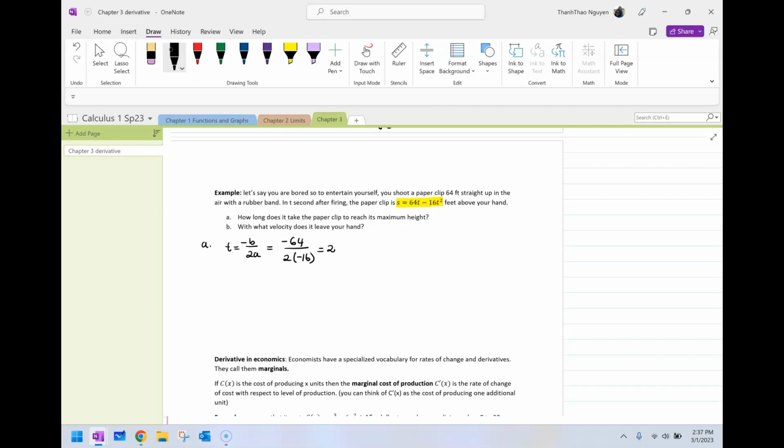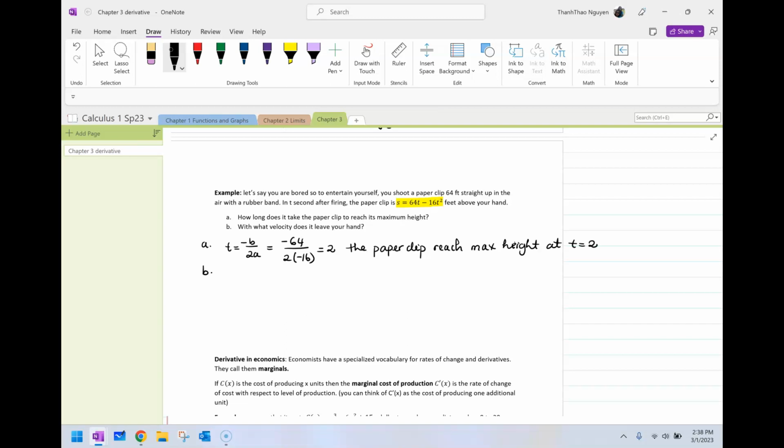So the paperclip reaches maximum height at t equals 2.